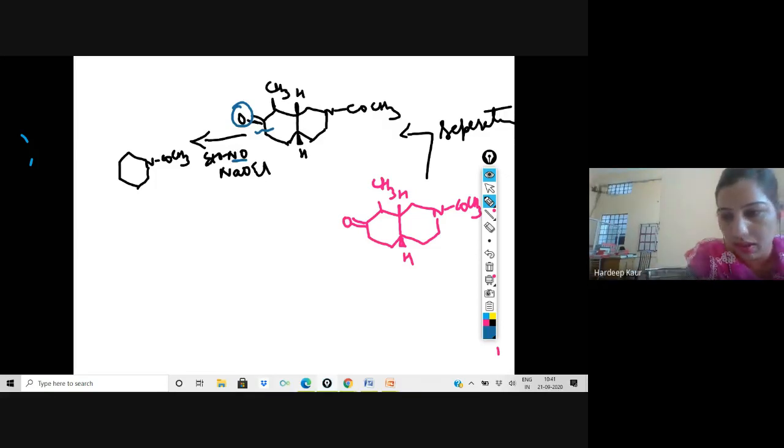So please write down the product, then I will explain the mechanism of this reaction. Sodium ethoxide will first convert this reactant into the enolate form. The bond is not free from here, it is free from here.